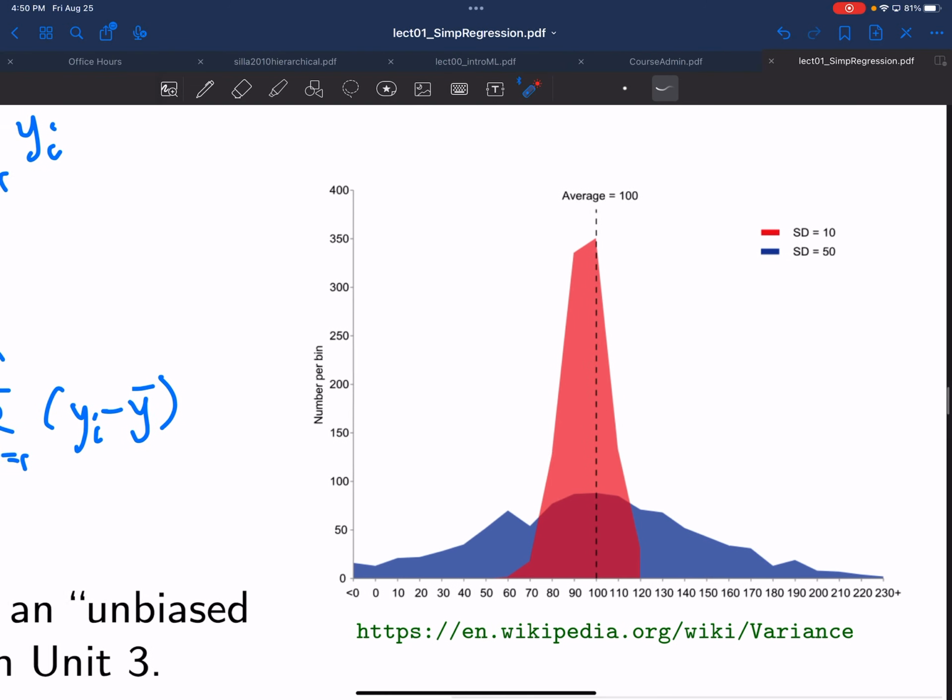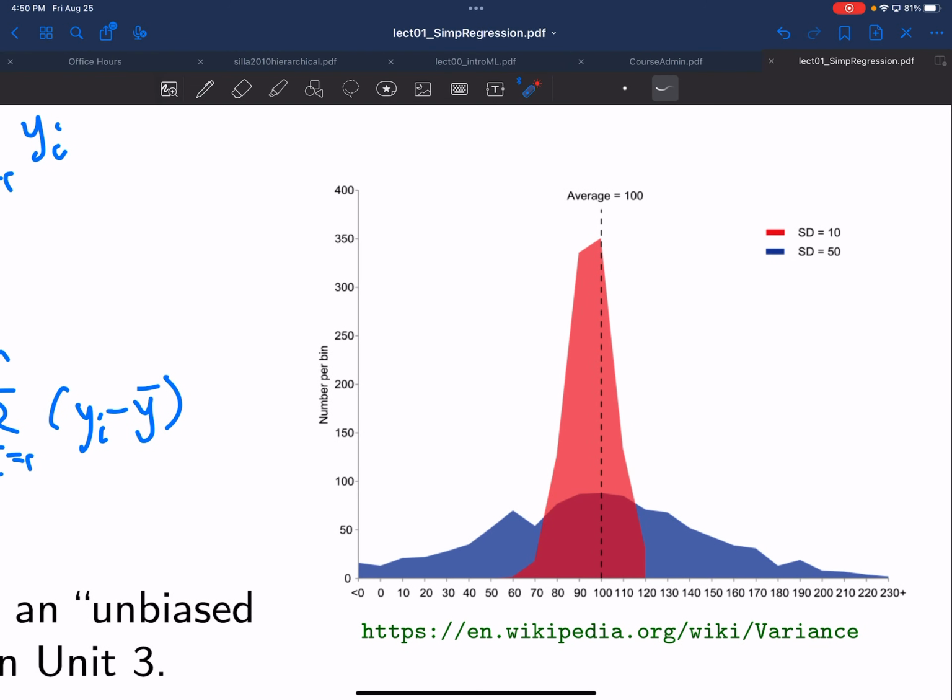So here we have an example of 2 data sets. We have some histograms, and basically we have a bunch of bins, like in this particular bin, you can see there's 300 and some and so on. From this data set, you could compute a sample mean.